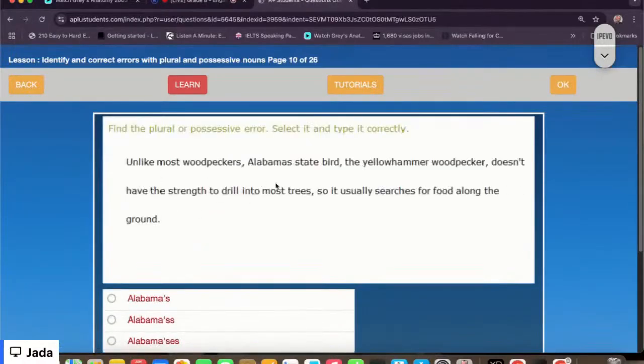So, unlike most woodpeckers, Alabama's state bird, the yellowhammer woodpecker, doesn't have the strength to drill into most trees, so it usually searches for food along the ground.